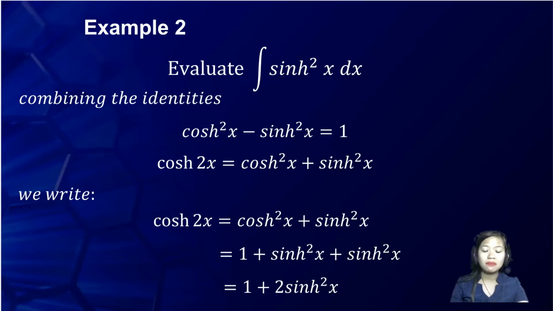So we have the same function, and we're going to combine them. So we have 2 times the hyperbolic sine squared x, or simply 1 plus 2 times the hyperbolic sine squared x. That would be our new function of the hyperbolic identity.